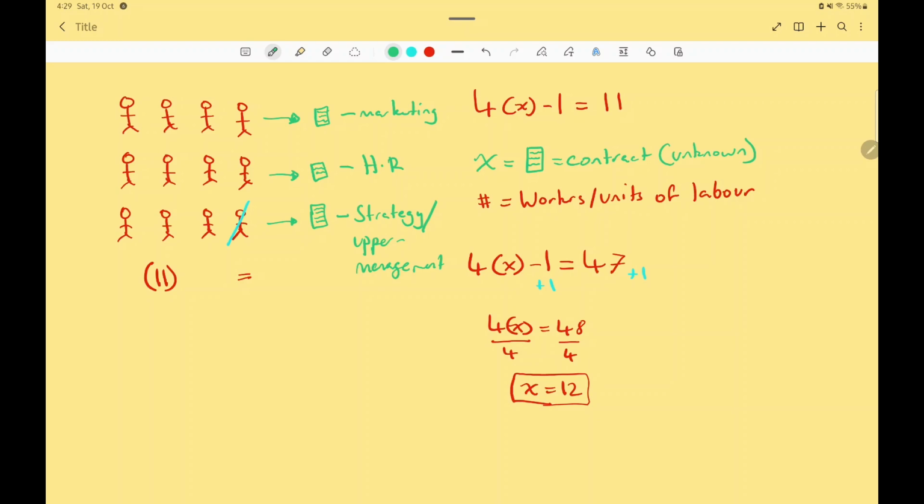That's just a representation of how you would apply these to actual real life scenarios. So the 4x minus 1 equals 11 represents 4 people per one contract with one team working with one less person because the person's left.